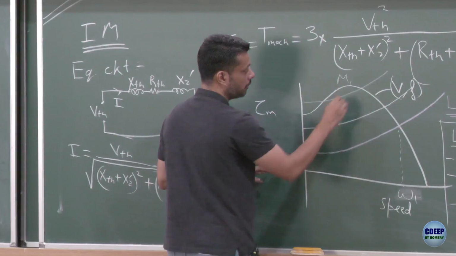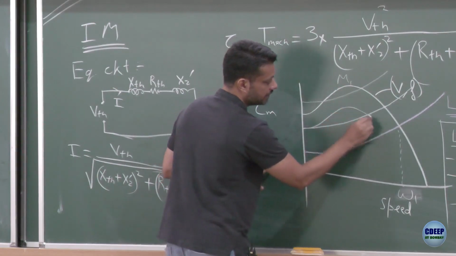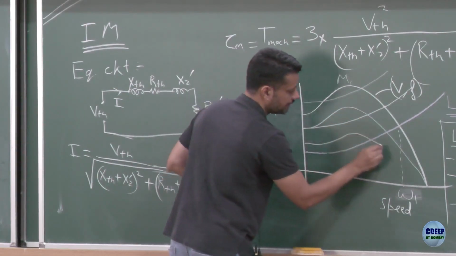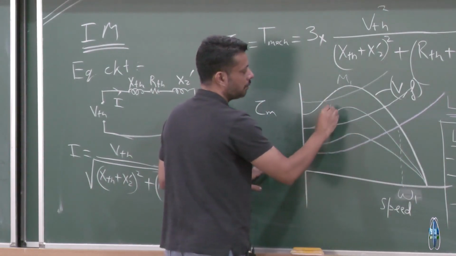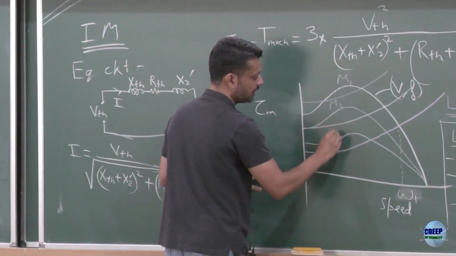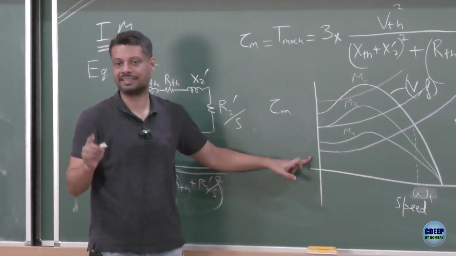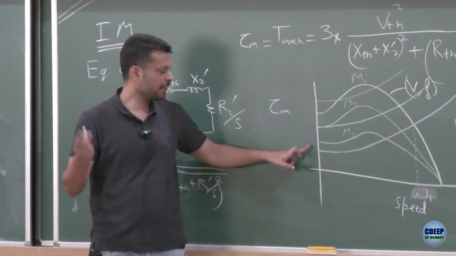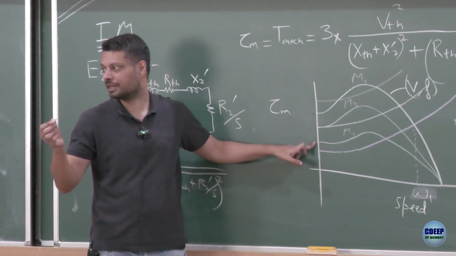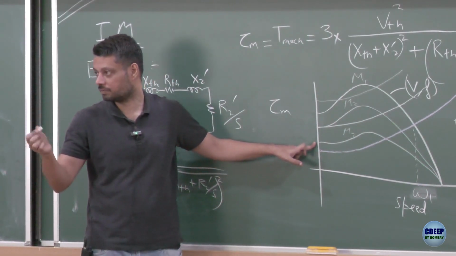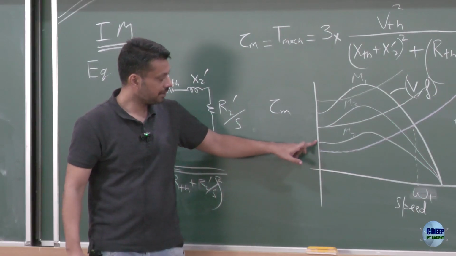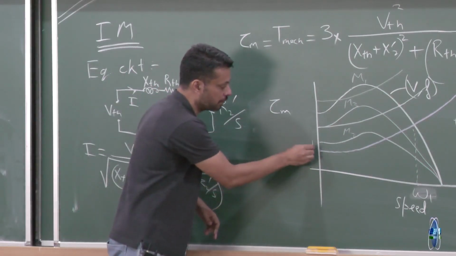If this is, let's say, motor 1, then motor 2 will be like this, motor 3 will be like this. Motor 3 means it's the same motor, but if you reduce the voltage, right? So if you want to start your fan even at speed 1, it does start. But over a period of time at speed 1, because speed 1 means the least amount of voltage you are applying to the fan, this point keeps on shifting downwards over a period of time. Why?